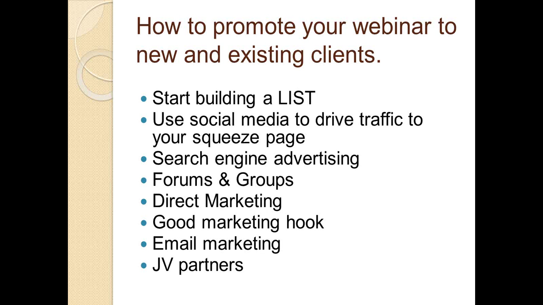So rather than you going seeking out new people to build your list, a quick fast track way of doing it is to speak to other experts who have a list themselves, who maybe have people interested in what you have to say. So you can approach these other experts and say to them, "Look, how about we partner up? We do a 50-50 split on any revenue that we actually make from the webinar. We sell any courses, whatever it may be, and you can bring your list in, and I will pay you 50% commission on that for bringing all these leads in."